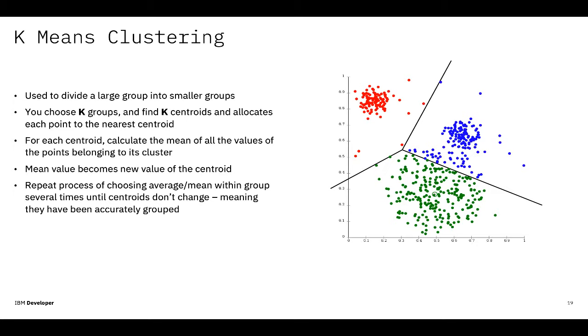Then you'd check for each group, like maybe there's 3 pears and 1 apple in one group, and you take the average of all these points to use as a new starting point. You'd keep doing this until you only have apples and only pears in a certain group. You do this with the test data, so you would know whether they're an apple or a pear or not, but then you'd apply this to new unstructured data, and you could use this to classify an unknown group of objects.